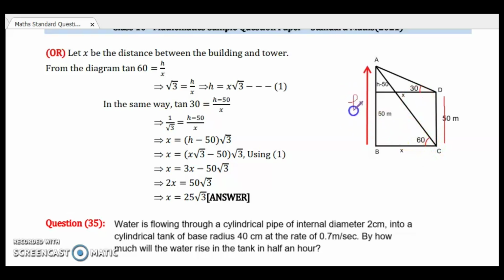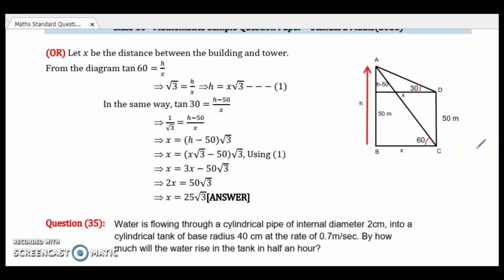Let us take h as the height of the tower. Already it is given the building height is 50 meters. If it is 50 meters, naturally this portion, the length will be 50 meters, and based on the observations, clearly this forms a square.